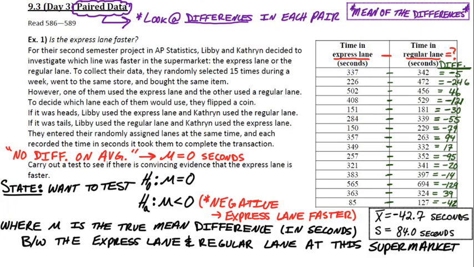And one really important thing to point out to someone who doesn't know a whole lot about this problem: are you doing express minus regular or regular minus express? So we should state that here, right? By the way, we're calculating this as express minus regular. And then don't forget the alpha level, right? We're going to use 0.05.